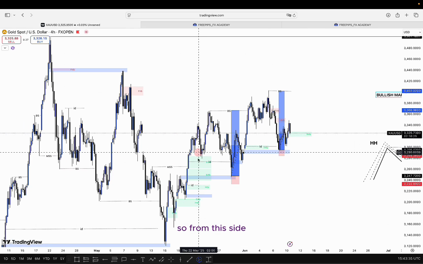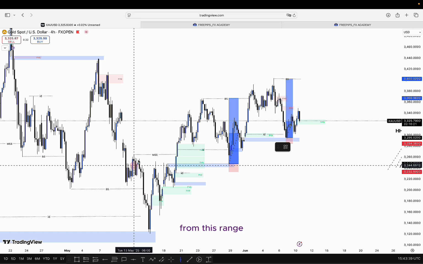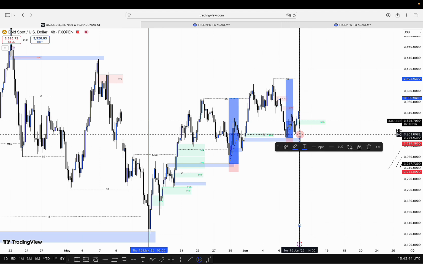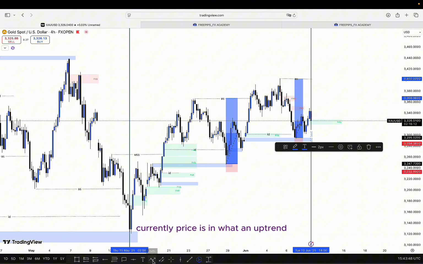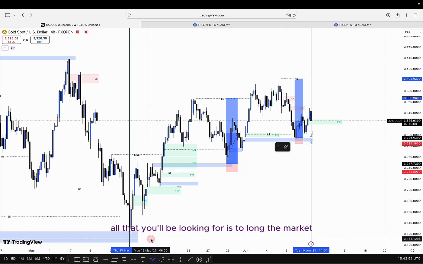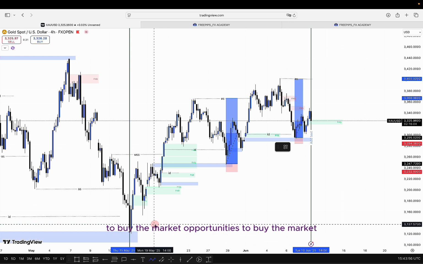So from this range to this range, currently price is in what? An uptrend. And if we are in an uptrend, all that you'll be looking for is opportunities to buy the market.